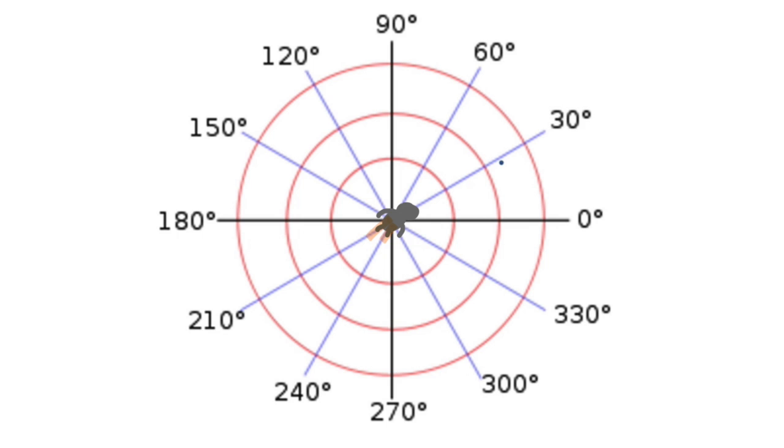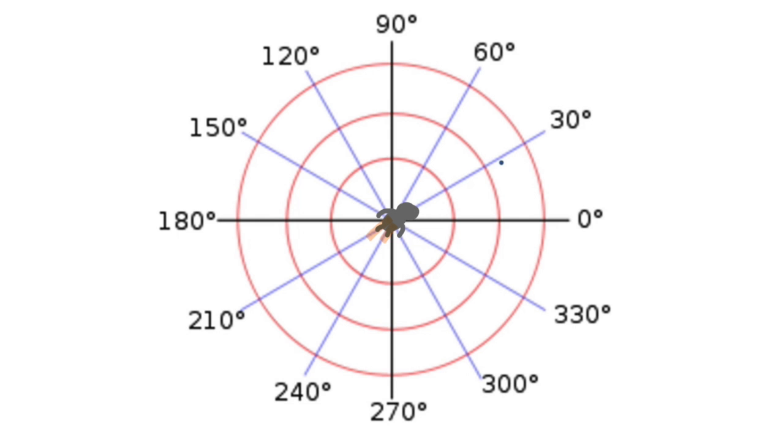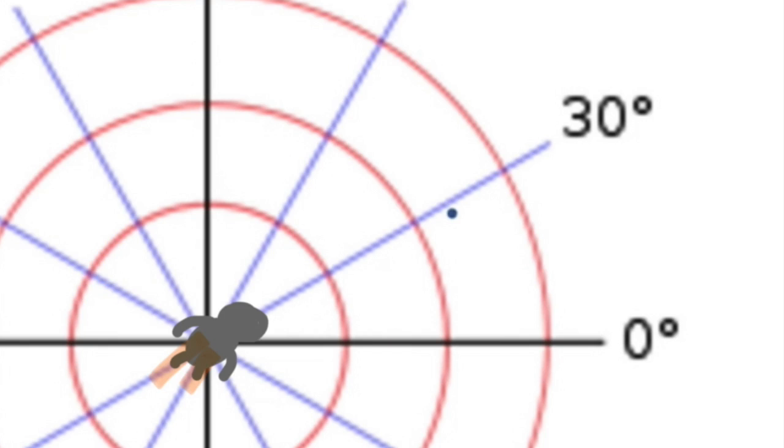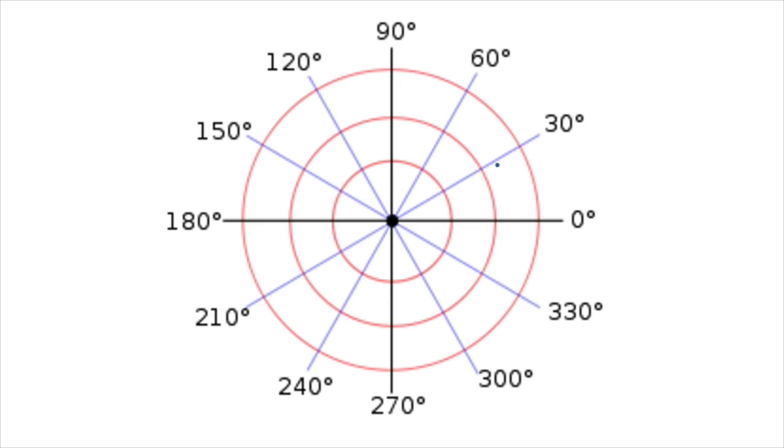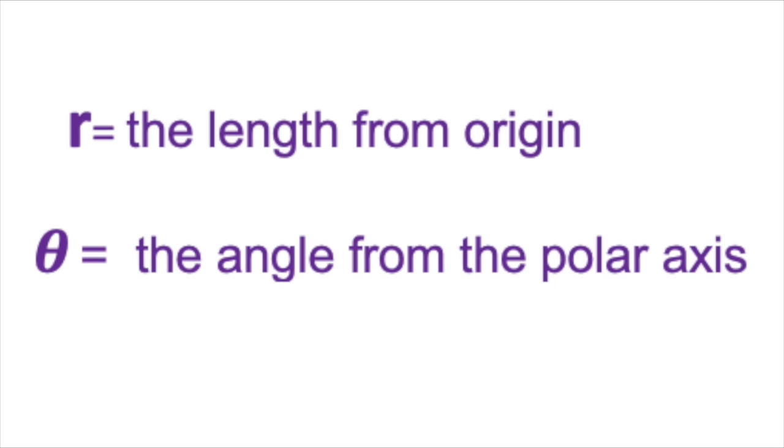What's polar form? Look here. While in rectangular form, the coordinates are placed on a plane based on a rectangle. On the other one, polar coordinates are based on a radial graph, and they describe the angle and distance from the origin of a point. This point can be expressed as (r, theta), in which r is the length from origin and theta is the angle from the polar axis.